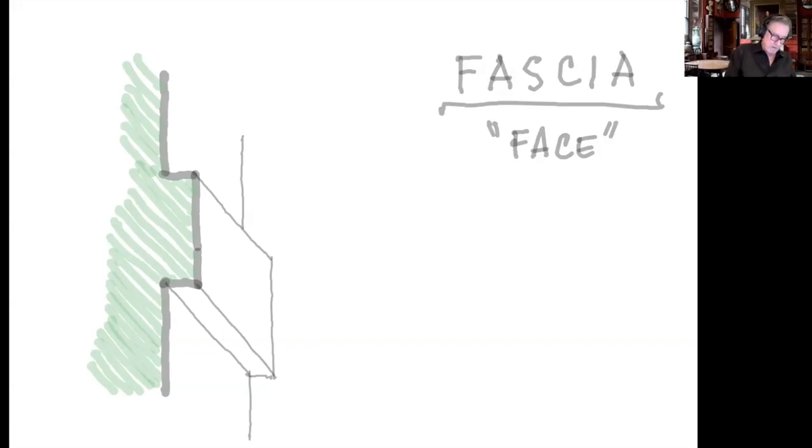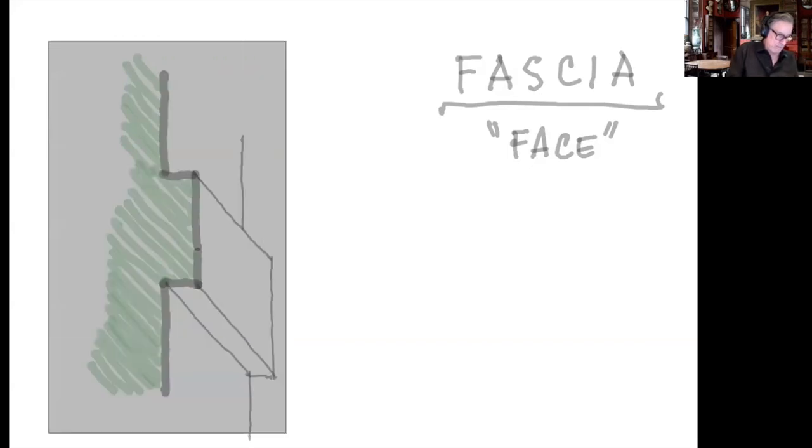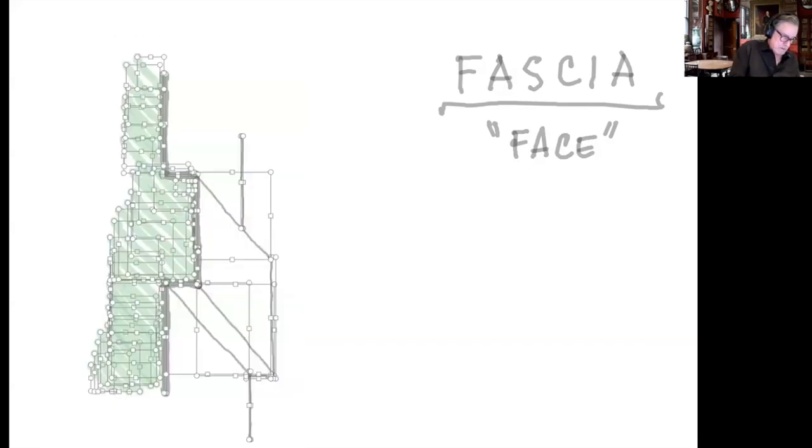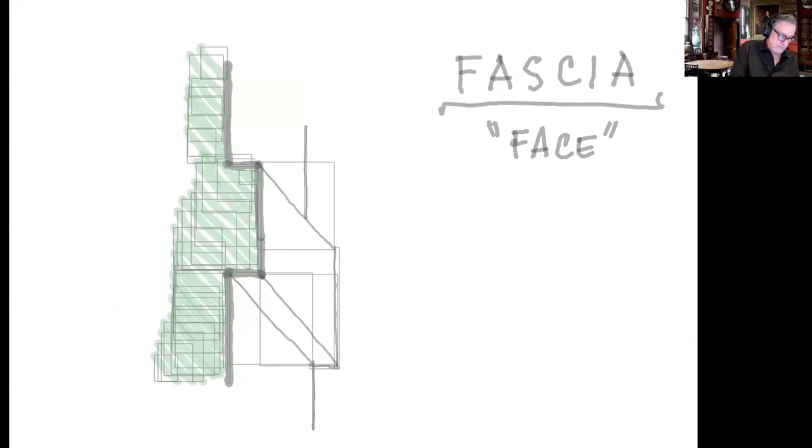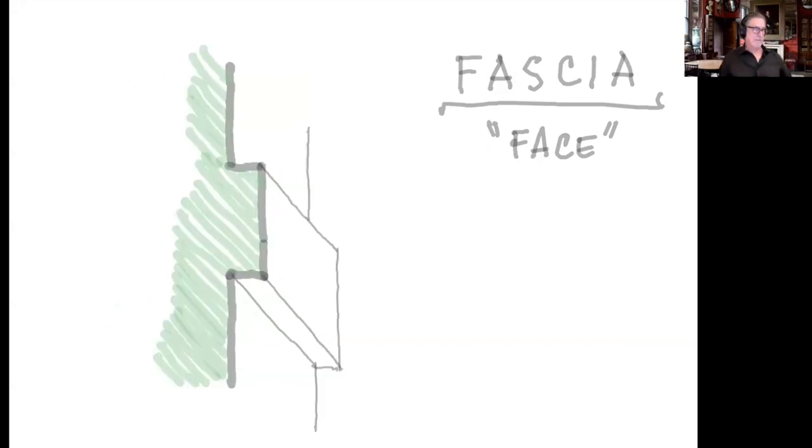If this is our first one, I'll give you a little chance to make sure you're caught up with me. What's kind of cool on my whiteboard is I can move this thing around, which is really great. And that's the fascia. Okay, so I'm going to stop share now, and we'll go learn a little bit about the fascia.